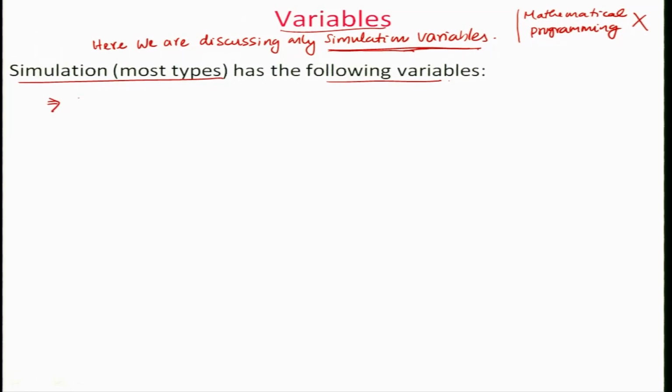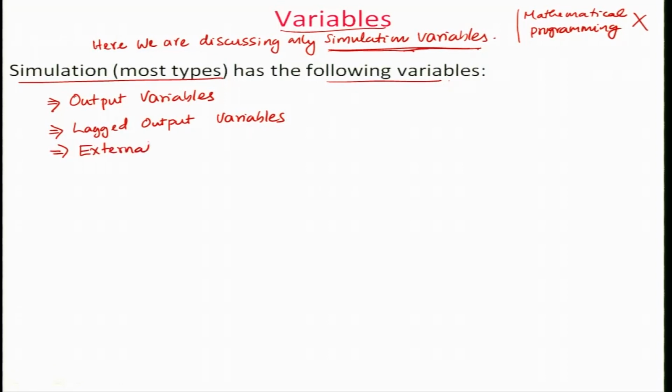The first one is what we call the output variables, and we will see each of these variables in detail after we list all of them. Then the lagged output variables. I will explain what the lagged output variables are, and they are also important in the case of simulation. Then what we have is called the external variables.